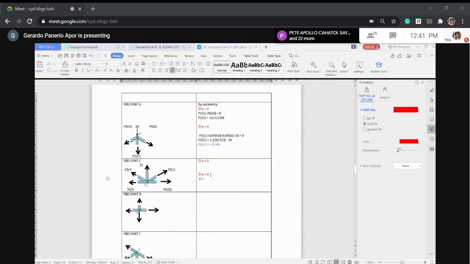The vertical component is sine of theta, 0.6. And then you have the value of negative 25 divided by 3 kilonewton. And then the other one also is inclined up, so that's still positive 0.6 or positive sine theta times PCJ is equal to 0. Okay, 0. So we can solve actually.